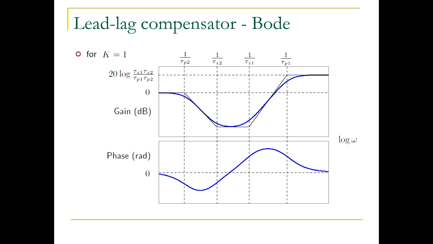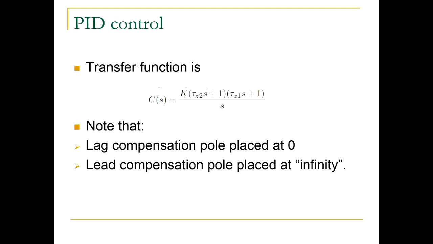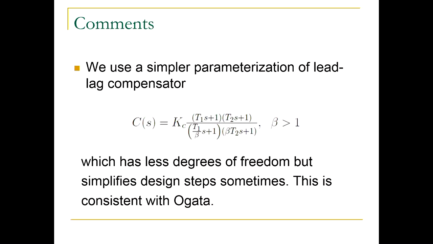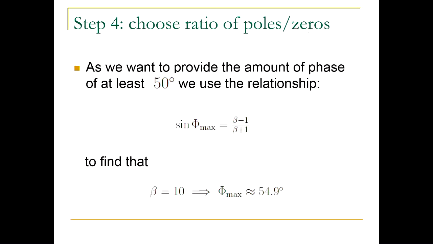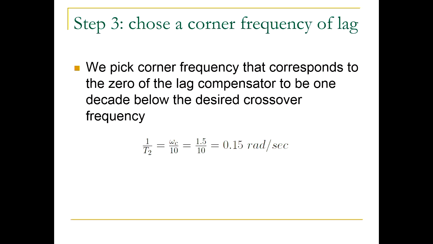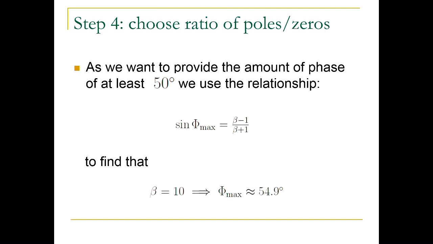Because I parameterized my compensator with the same parameter beta, once I determine the amount of lead I need, the location of the pole for the lag part is fixed. So we first determine T2, the location of the corner frequency for the lag, and then we determine beta, that's how much lead we would need in the lead part.